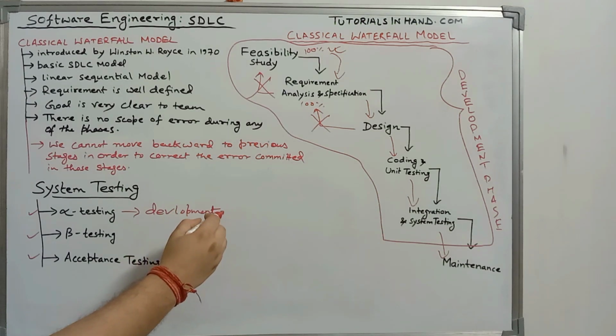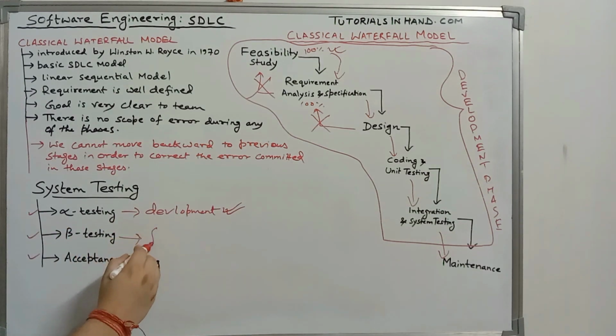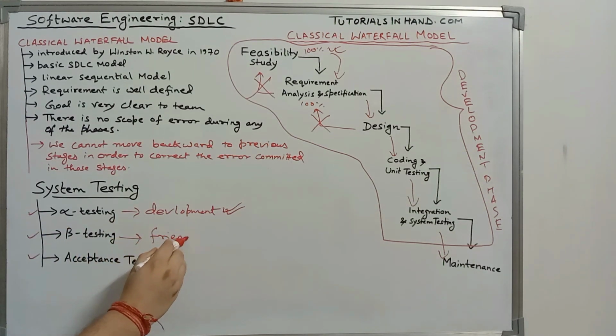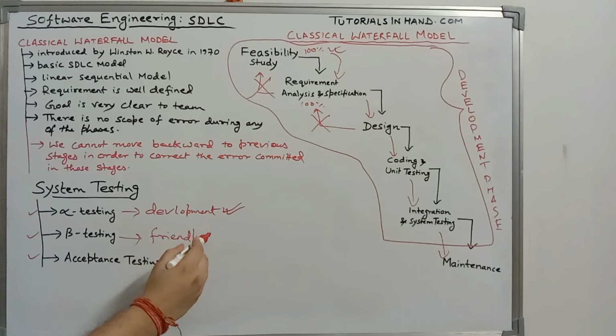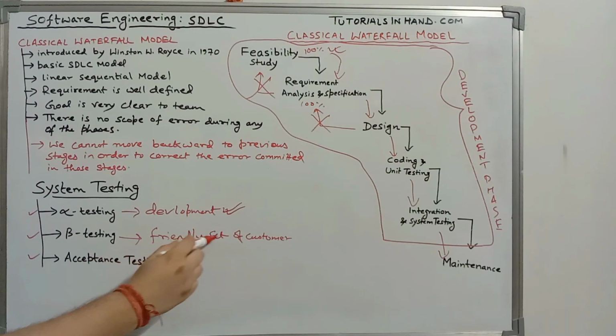And once they are satisfied that all the functionalities are working fine, then they call a friendly set of customers who have not developed the product and have no idea how it is developed, but they are well aware and know how it should behave. We call them a friendly set of customers.